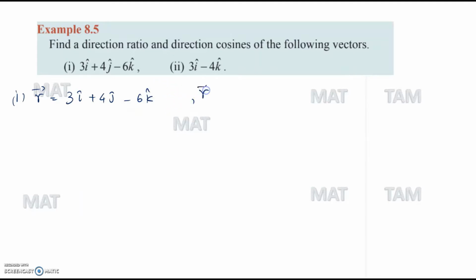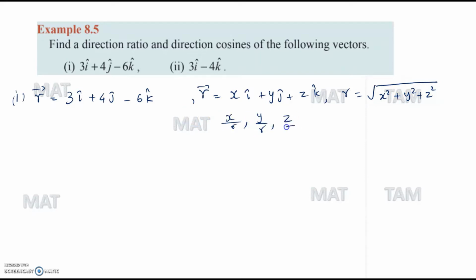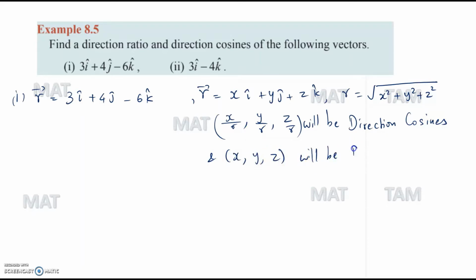Now if vector r is in the form x i cap plus y j cap plus z k cap, we can define r, which is the magnitude of r vector, as the square root of x squared plus y squared plus z squared, and x by r, y by r, z by r will be the direction cosines, and x, y, z will be the direction ratio.